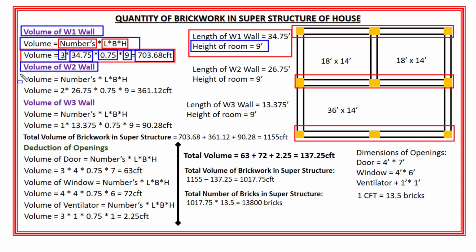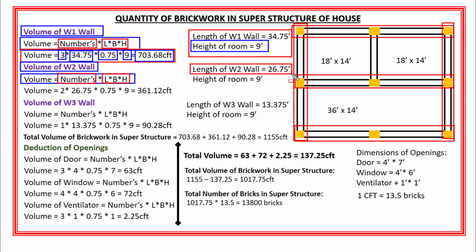Okay. Next is the volume or quantity of W2 wall. So the volume or quantity of W2 wall is equal to number of W2 wall multiplied by length multiplied by width multiplied by height. Here in this house I have two number of W2 walls. Length of W2 wall is 26.75 feet. Width of W2 wall is 0.75 feet. And the height of W2 wall is 9 feet.